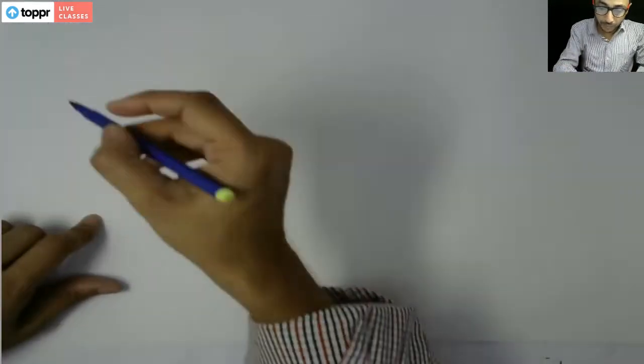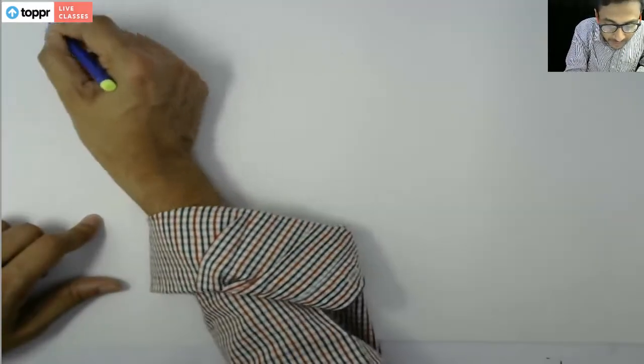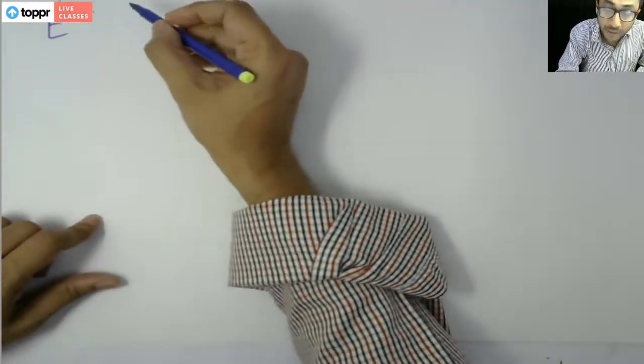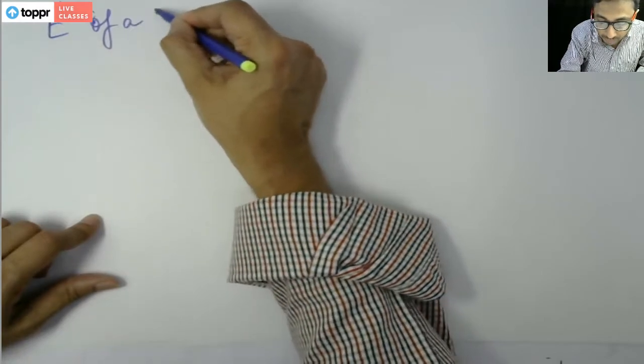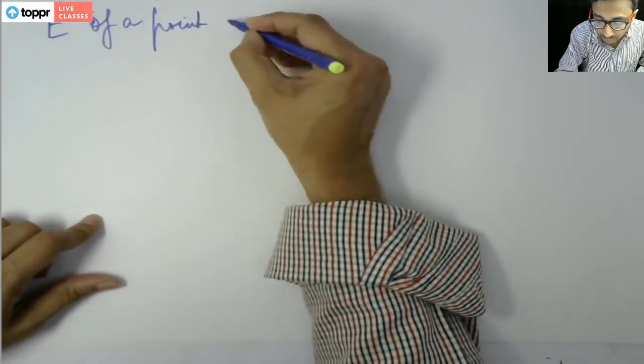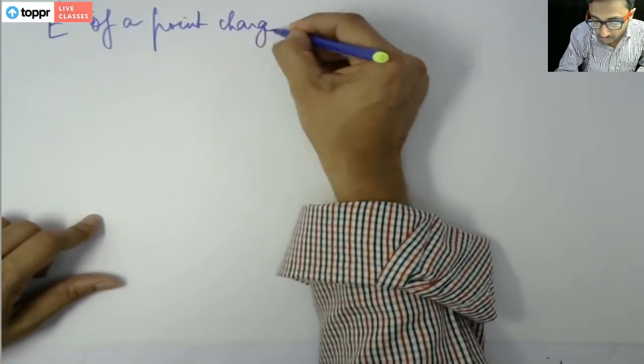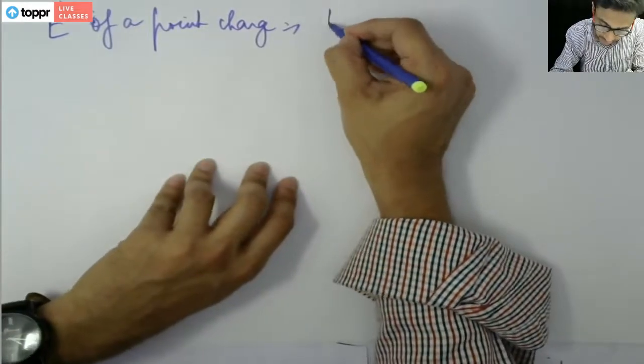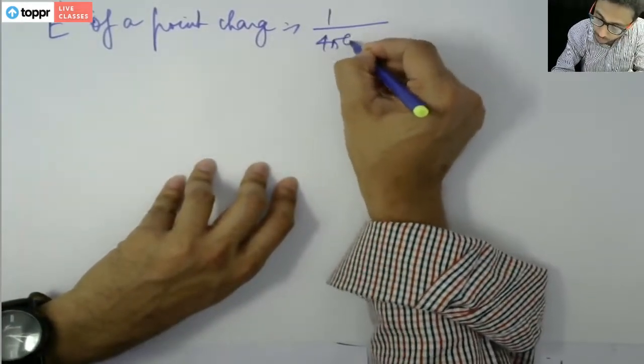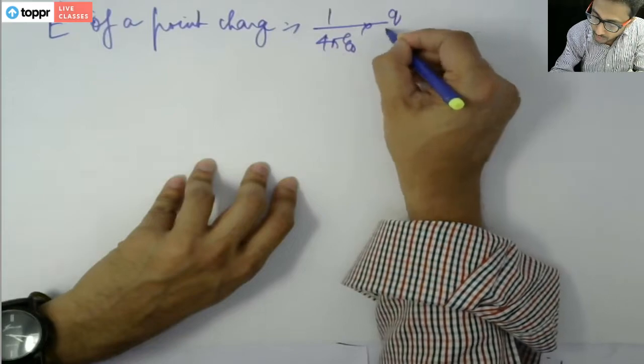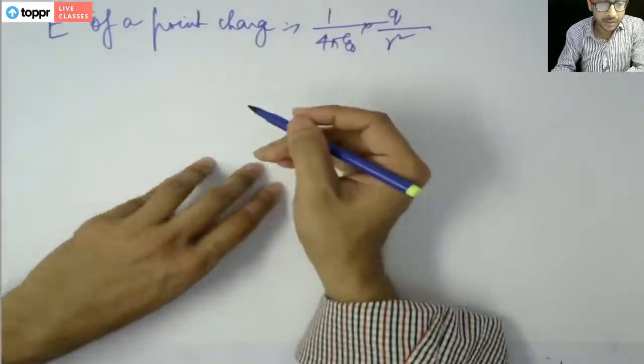Now we have studied electrostatic field for a point charge, that is 1 by 4 pi epsilon 0 q by r square.